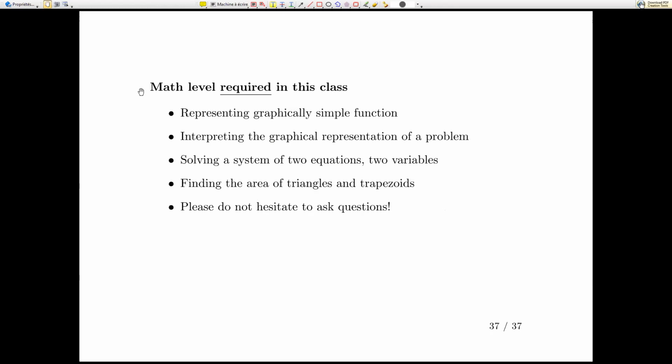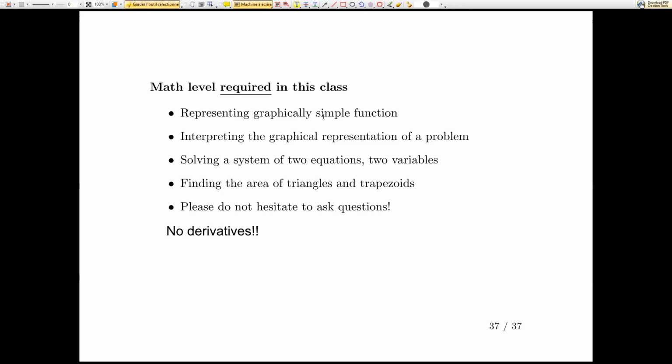Okay, so this is a good point. Math level required in this class. So no derivatives. Did I write this down? Yeah. No derivatives. Which makes it challenging for me, but no derivatives, I promise. Simple.